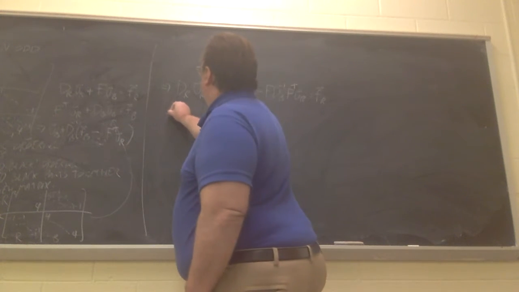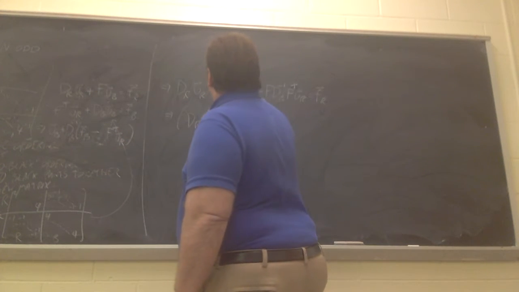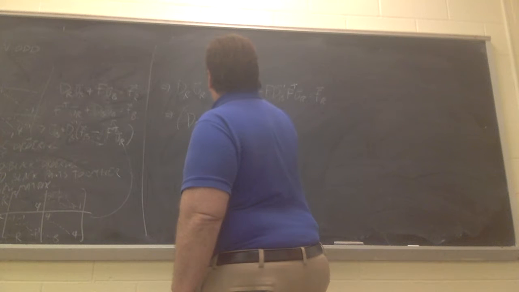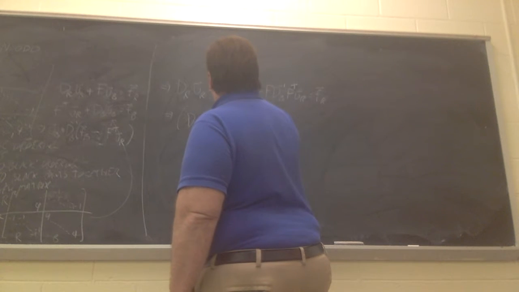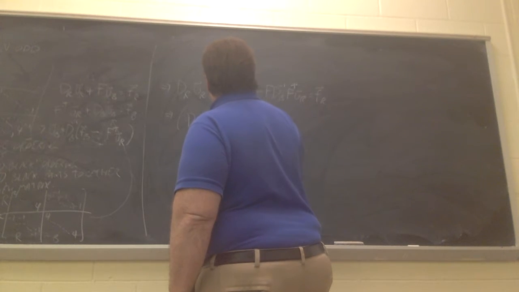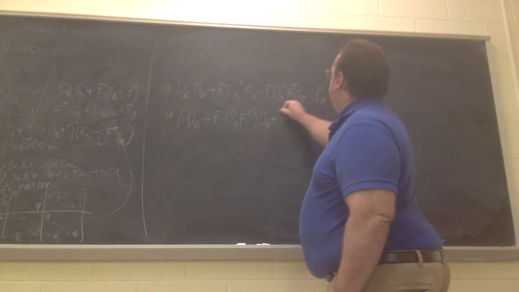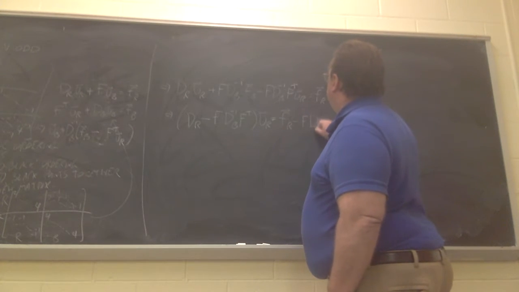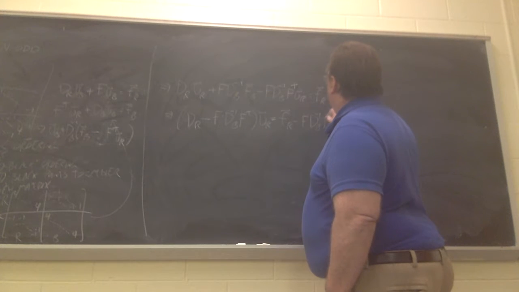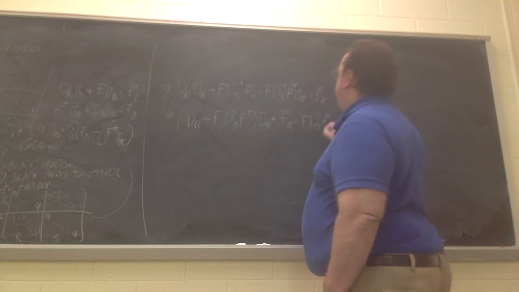So I have this equation, (dR minus F dB inverse F transpose) UR is equal to fR minus F dB inverse fB.